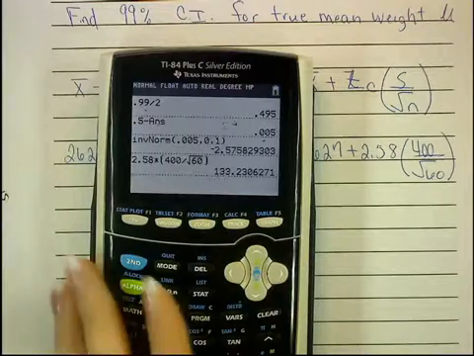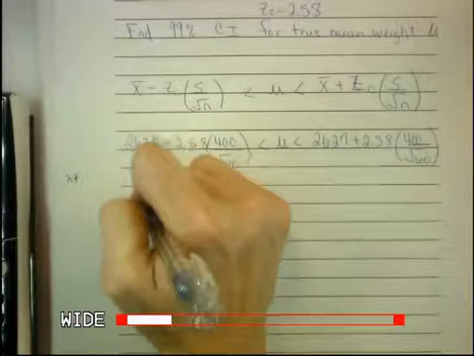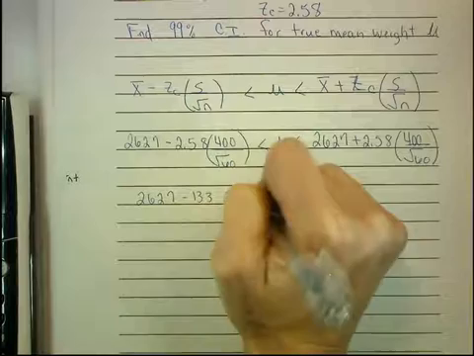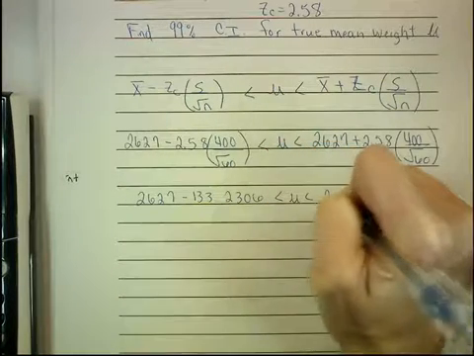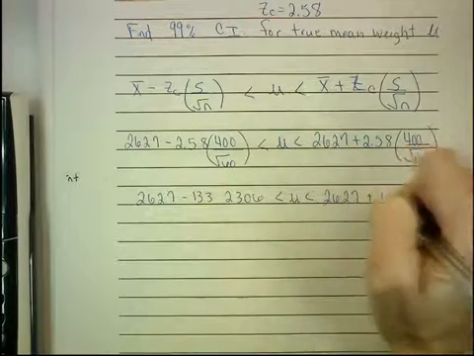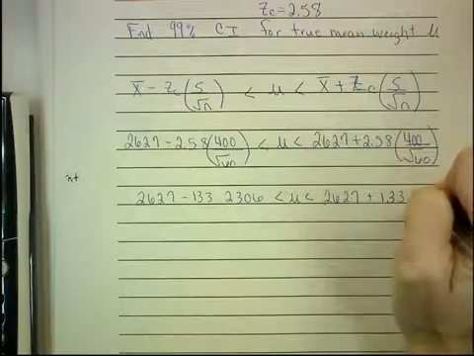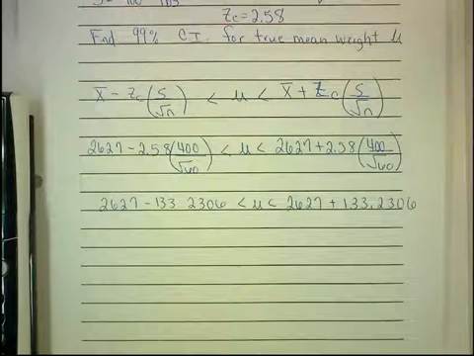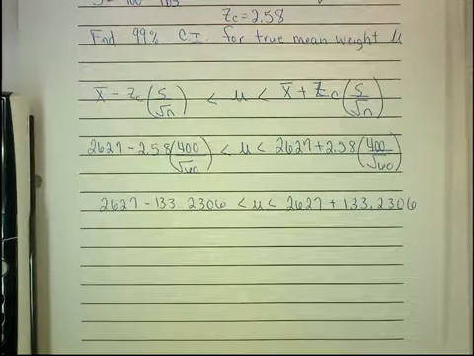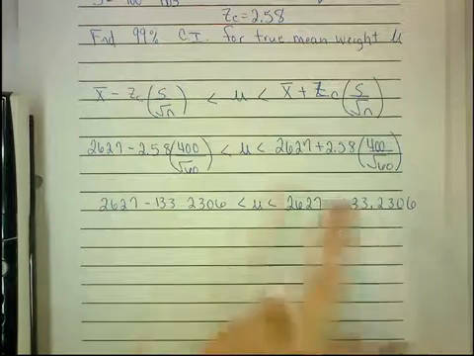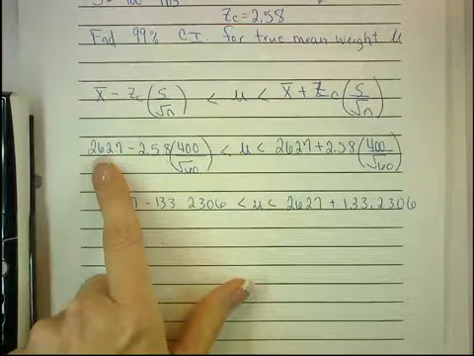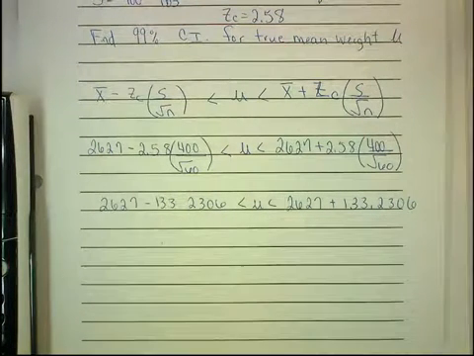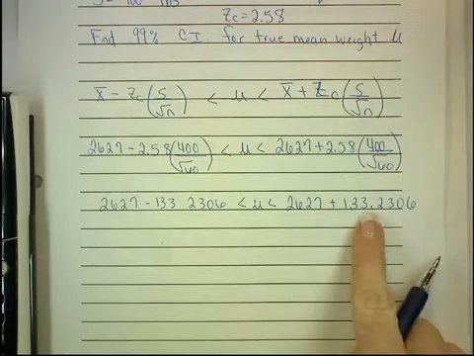That's $133.2306. 2627 minus 133.2306. 2627 plus 133.2306. Margin of error, 133.2306. That is the maximum difference allowed between the point estimate, x bar, sample mean, and the true mean. And we don't know the true mean, but it's the maximum difference allowed between them.